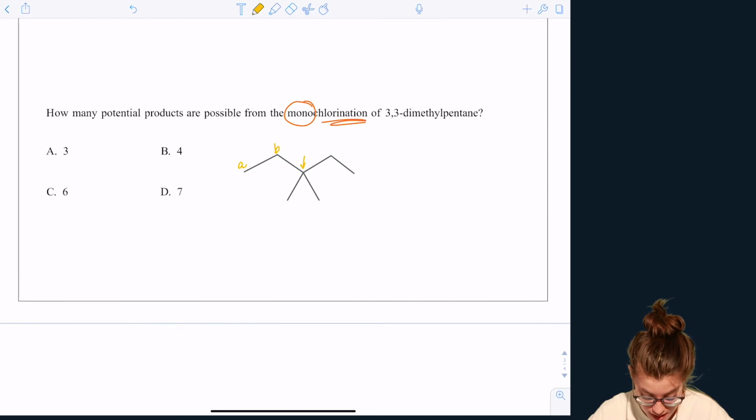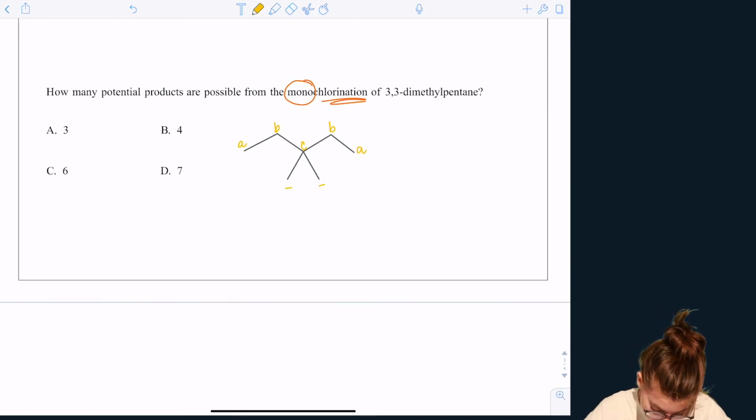It is different from A and B, so we will call it carbon C. Now this carbon is actually identical to carbon B, so we will name it carbon B, which means this last one over here is identical to carbon A. Now these two carbons are distinct from all the others, so let's call those D. They are identical to each other, so we're going to call both of them D.